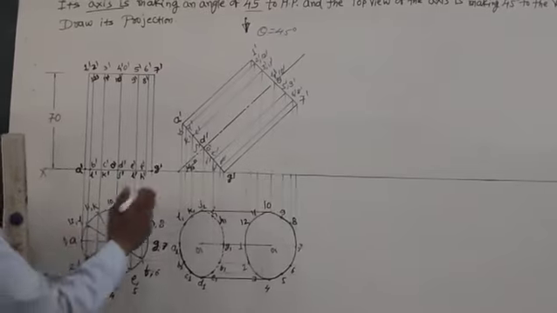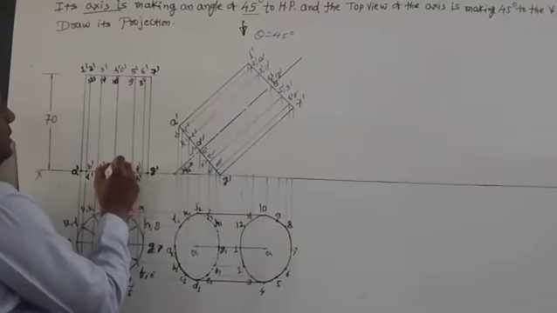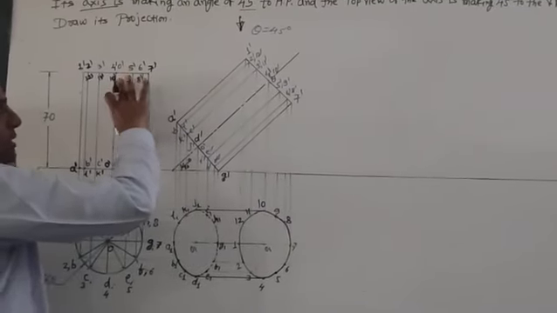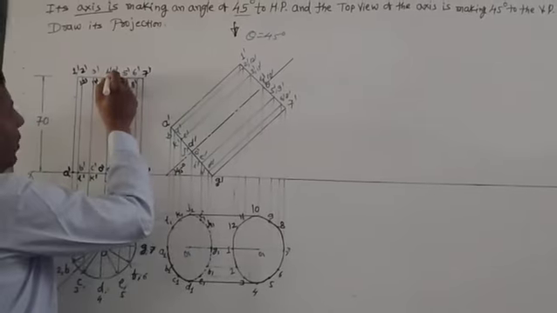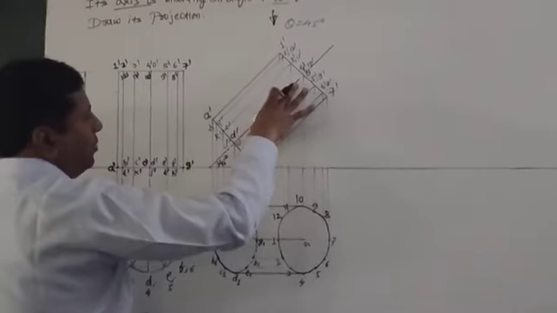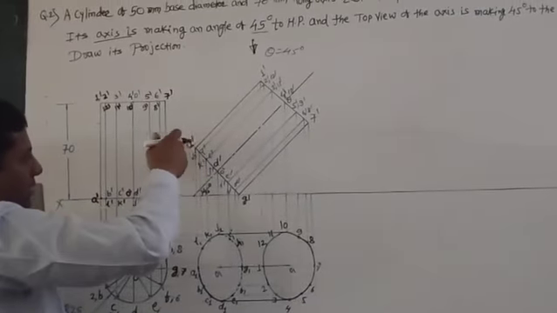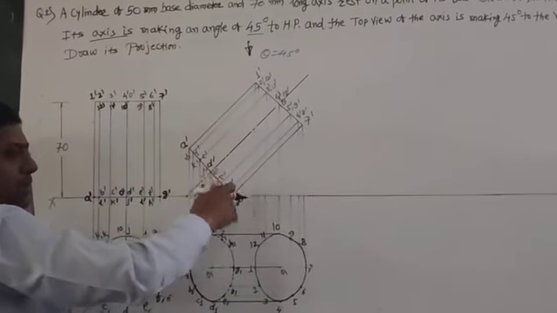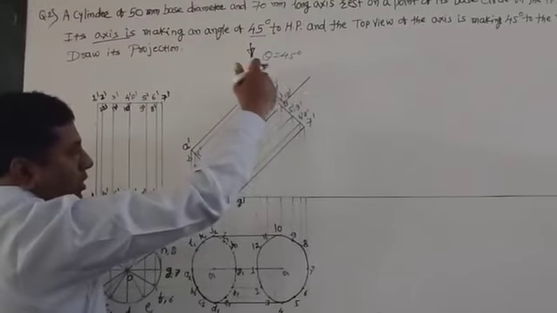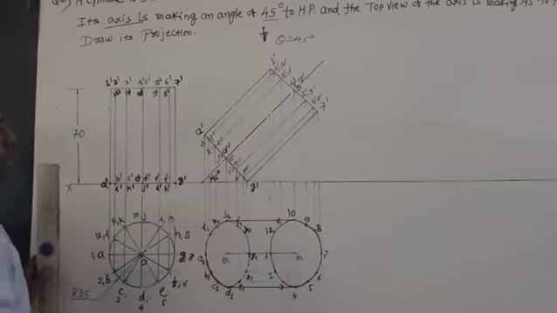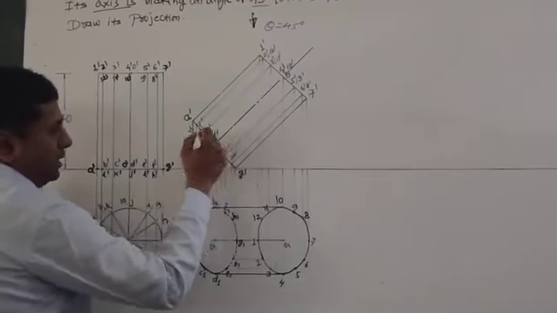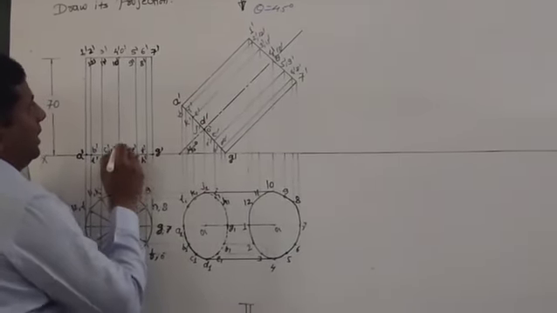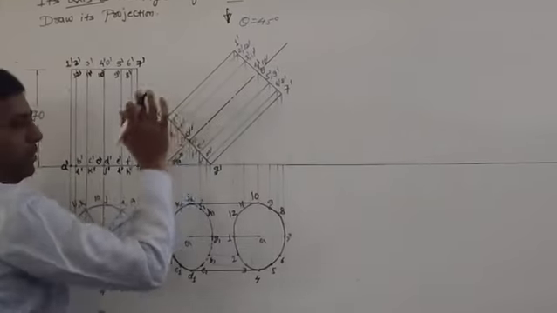Now it is clear that on this axis, our axis points must be there. That means D dash and 4 dash. So D dash and 4 dash. When it is rotated like this, the letters come here and the numbers come on this side. Correct? Then while marking, D dash and 4 dash must be on the axis.